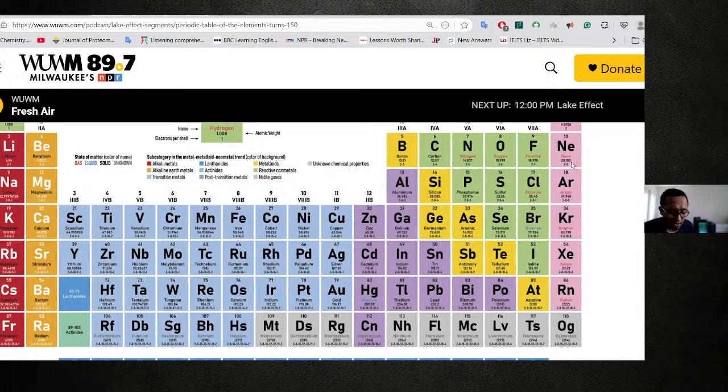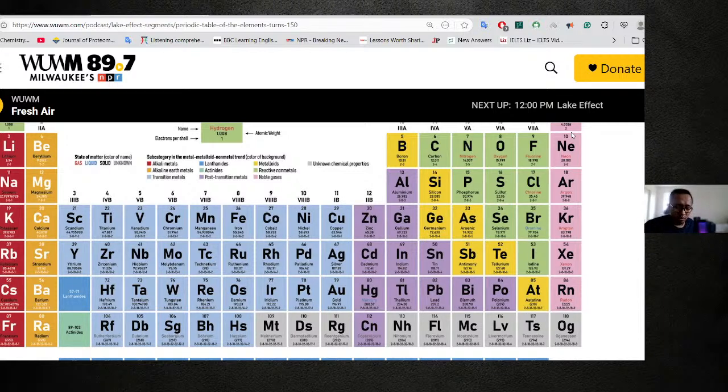So in the equation, neon 20, which means the weight here is 20. The mass of that atom should be 20. And then as you can see, the proton itself is 10. So to get the neutron, like I mentioned, mass equals proton plus neutron.